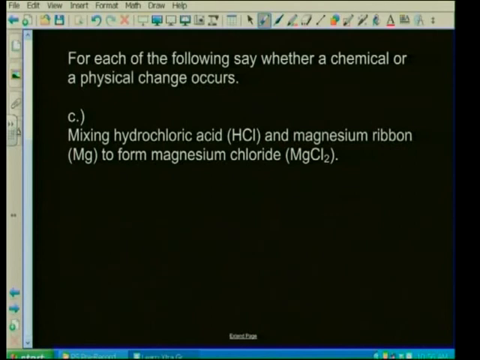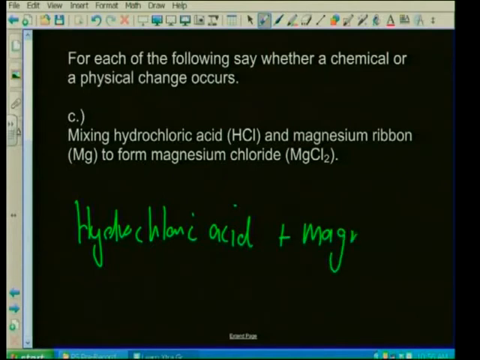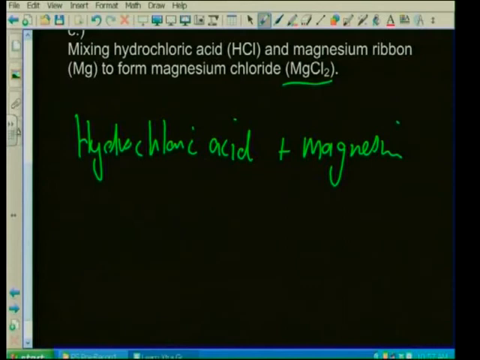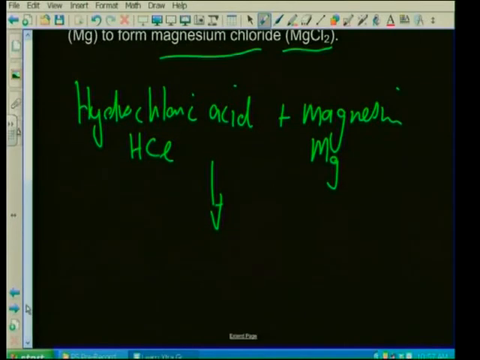Now, what about this one? We've got hydrochloric acid, and we've got magnesium ribbon. And it tells us that what we're going to form is magnesium chloride. The name is given as well as the formula. So what we're recognizing here is hydrochloric acid was given as a formula HCl, and magnesium is given as Mg, and what we're forming is MgCl2.